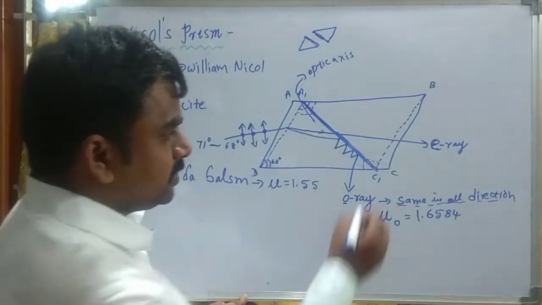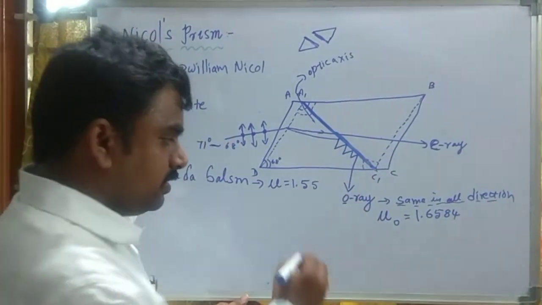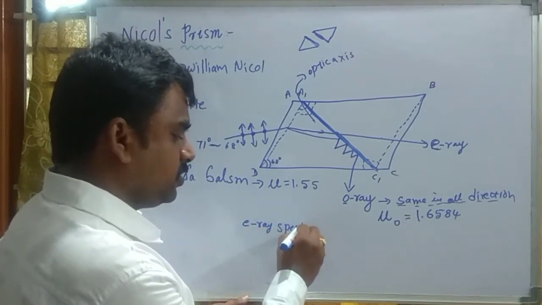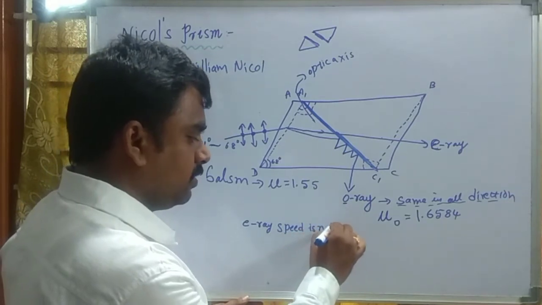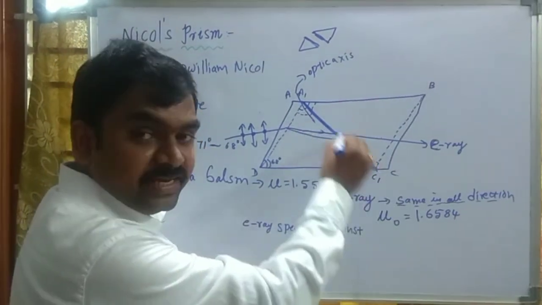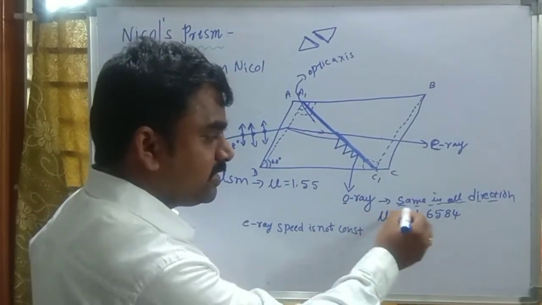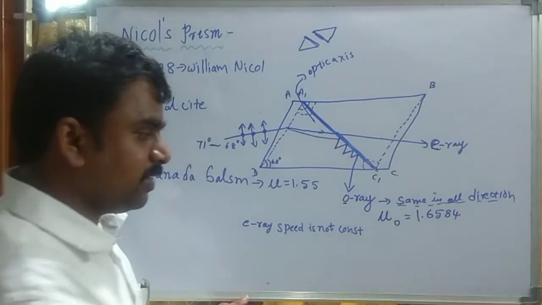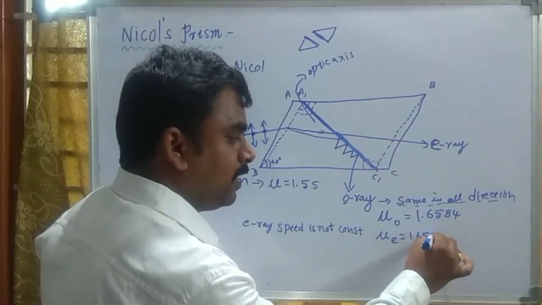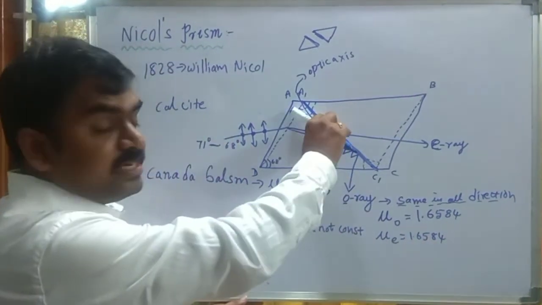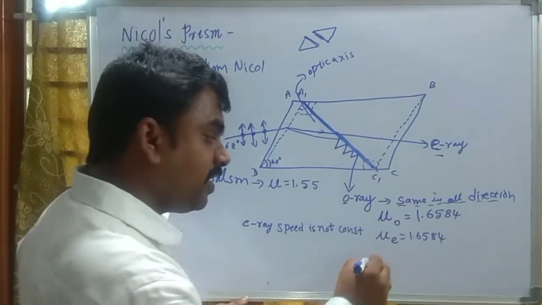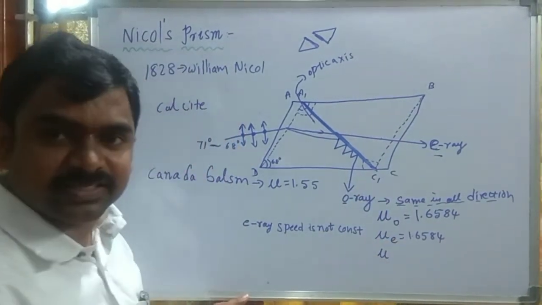But the extraordinary ray speed is not constant. Whenever it travels along the optic axis direction, the speed is the same as the ordinary ray, so the refractive index is 1.6584. But in other directions the refractive index changes, because the speed changes.